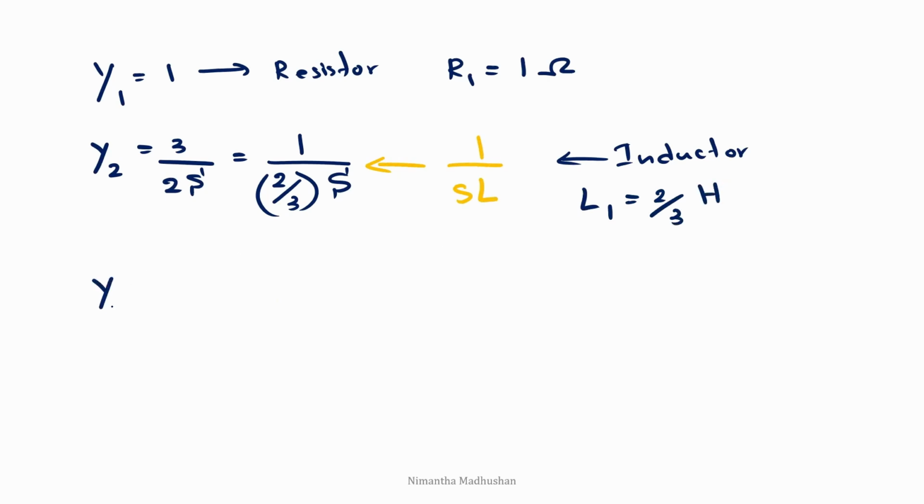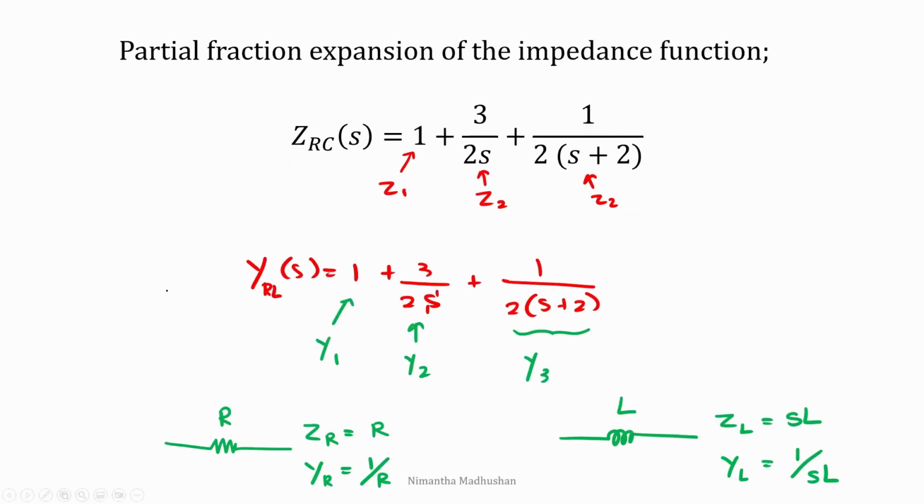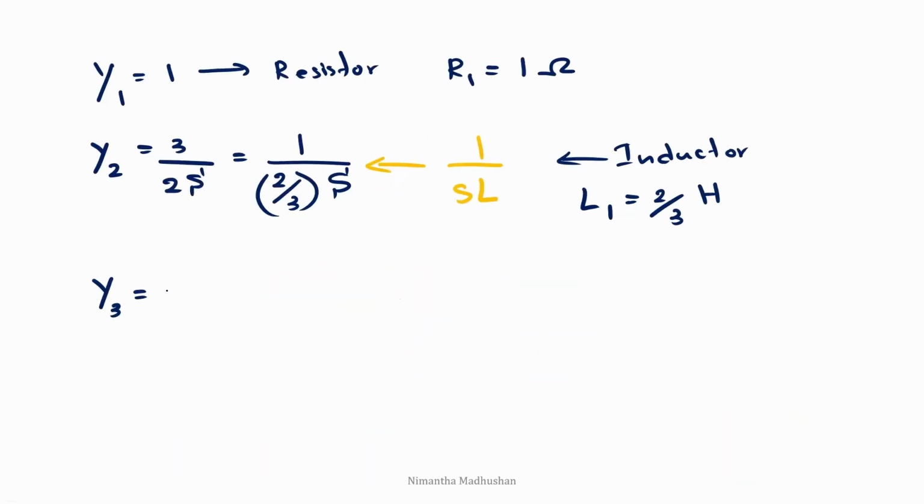Then I consider the third admittance value Y3. It is equal to 1 over 2 times (S plus 2). I expand it: 1 over 2S plus 4. If we check this representation, we can't easily find the component represented by this Y3.